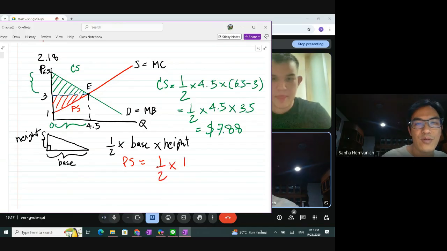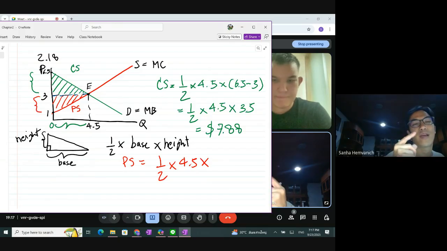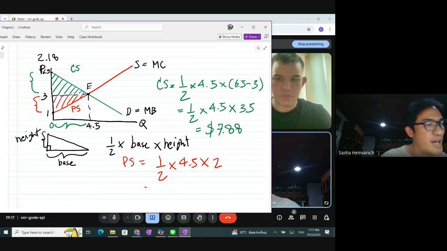So 1/2 times 4.5, and the height is from 3 to 1, so it's 2. So you have 2 multiplied by 4.5, divided by 2, which is, again in dollars, 4.5.